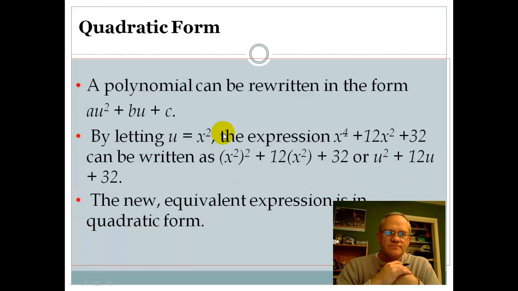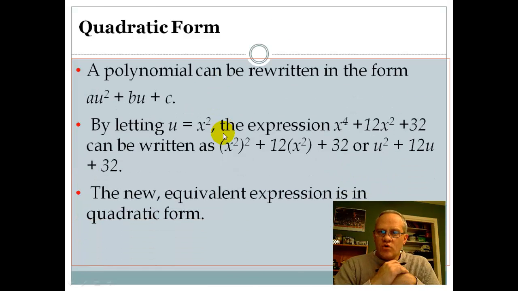Okay, next. Quadratic form. Sometimes in order to factor something we need to rewrite it in quadratic form, which, remember, quadratic form is x squared plus something x plus a number, or in this case here we've substituted x squared with u.